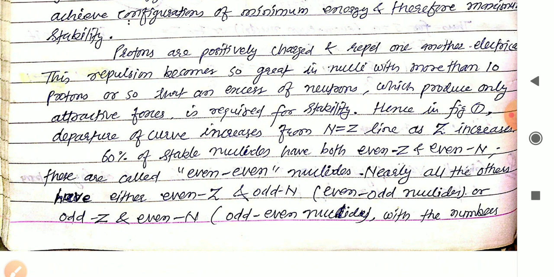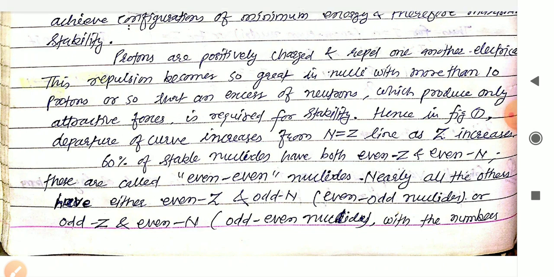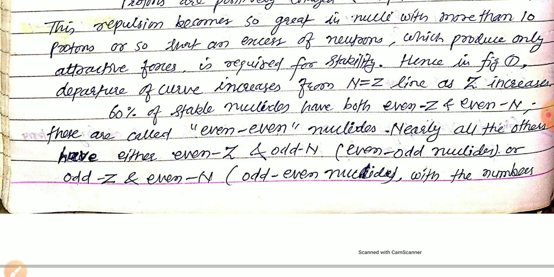So only the attractive forces are there. Protons are positively charged and repel one another electrically, so an excess of neutrons, which produce only attractive forces, is required for stability. Hence, in figure 1, the departure of the curve from the N equal to Z line increases as Z increases.